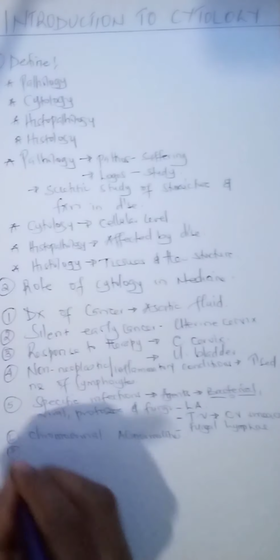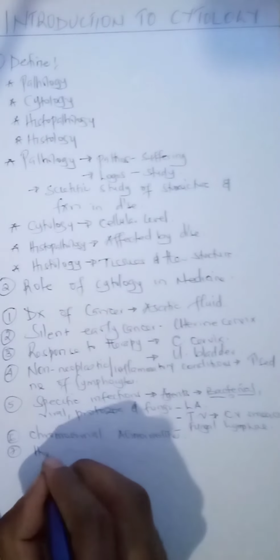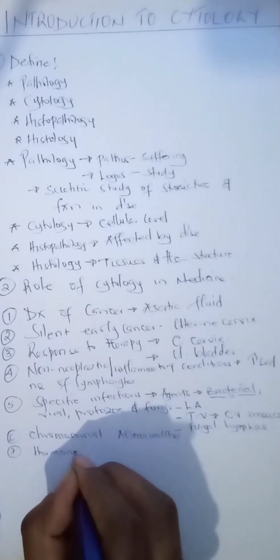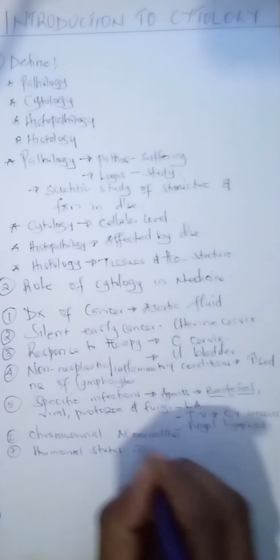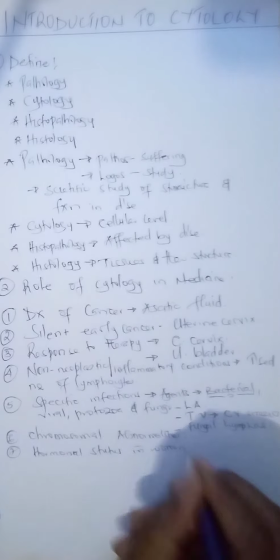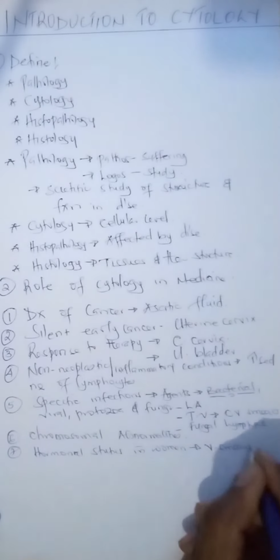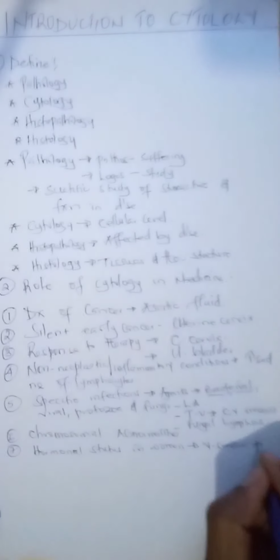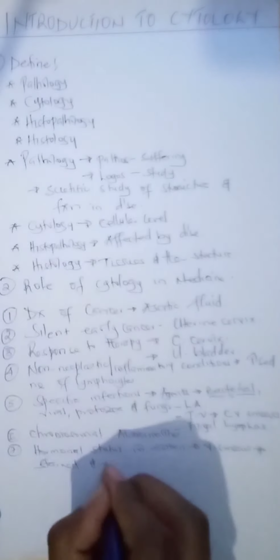Number seven, cytology is very important in assessing hormonal status in women. So by use of vaginal smears, these smears are stained and examined.